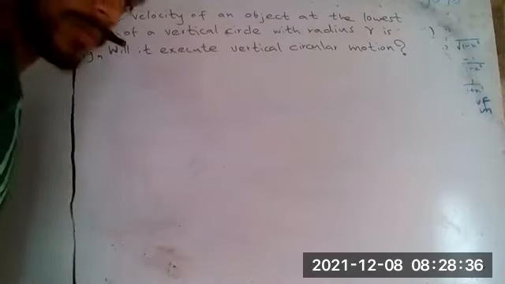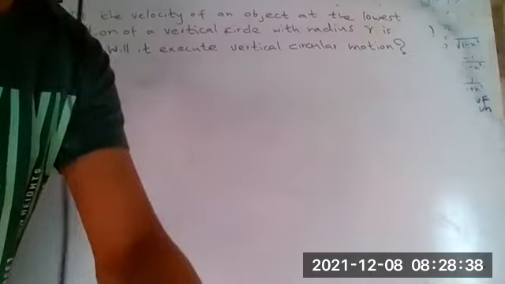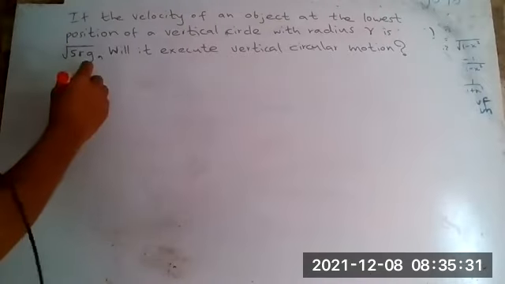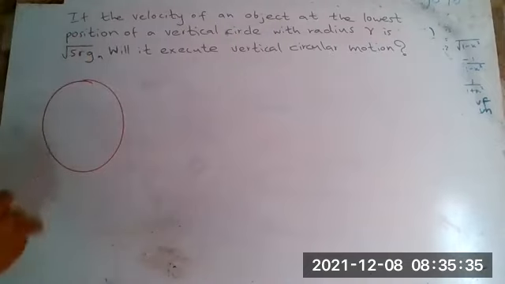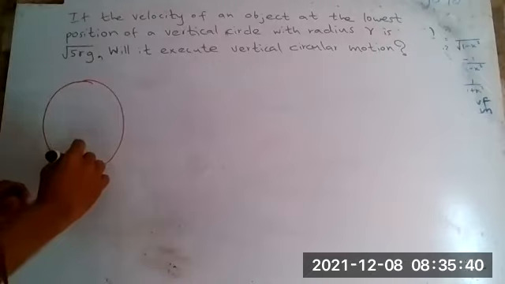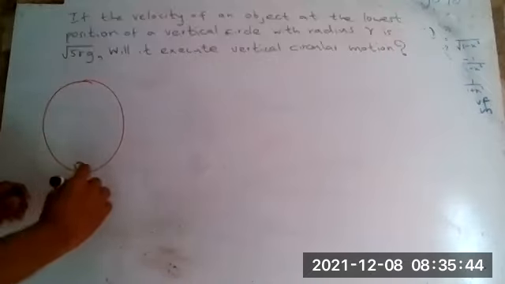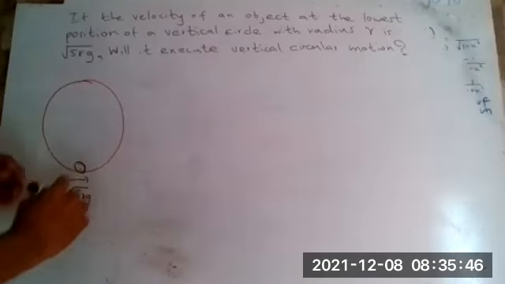Right, try to do it, two minutes. Just draw a diagram. Then at the minimum point, you will have velocity root 5 rg.